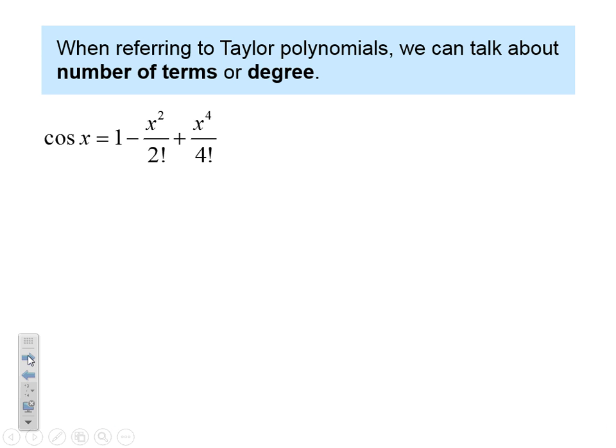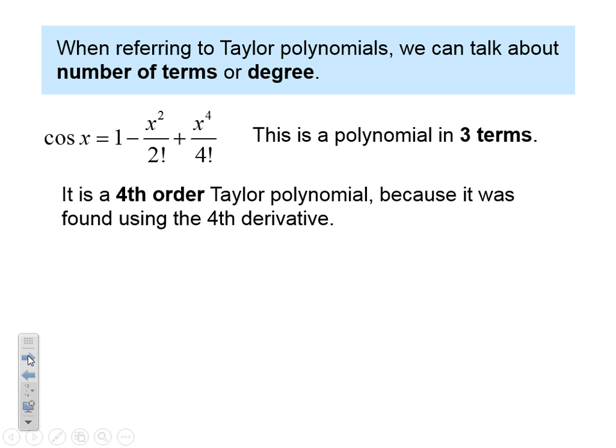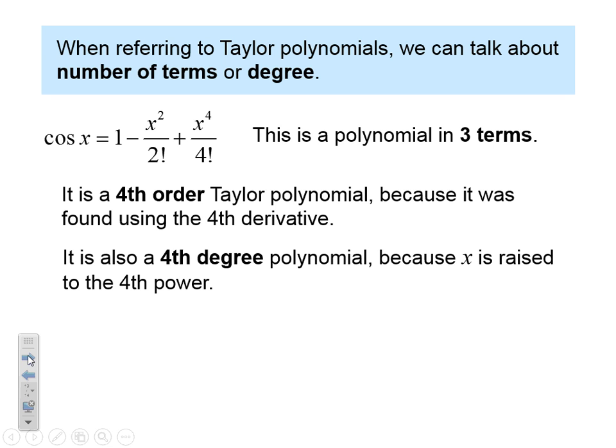Here's a polynomial. This polynomial has 3 terms. It's a 4th order Taylor polynomial because it was found using the 4th derivative. It is a 4th degree polynomial because its highest power is x to the 4th.